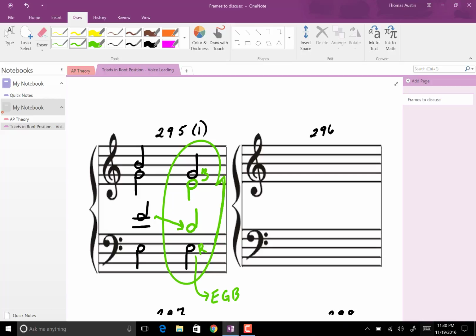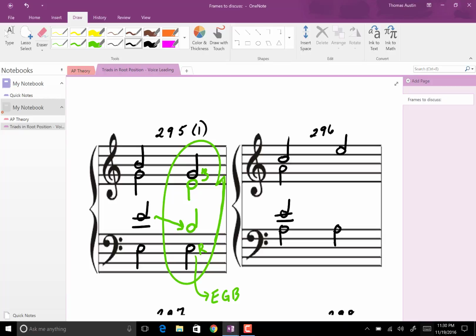Okay, so let's move on to frame 296. Okay, in frame 296, I am going to put my soprano and alto, my bass, and my tenor in the first chord. And the second chord, we are left to plug in the alto and the tenor voice.